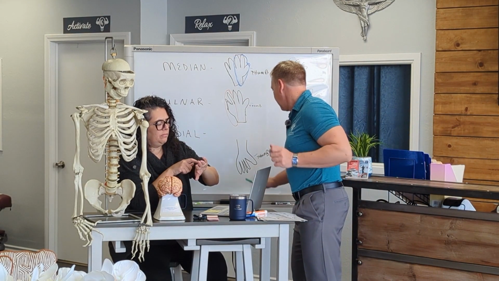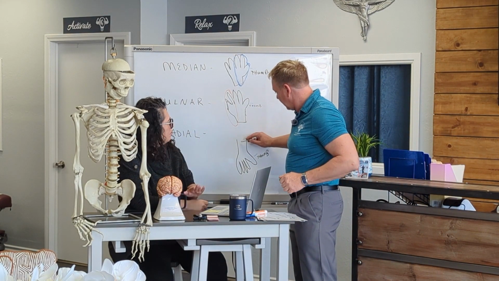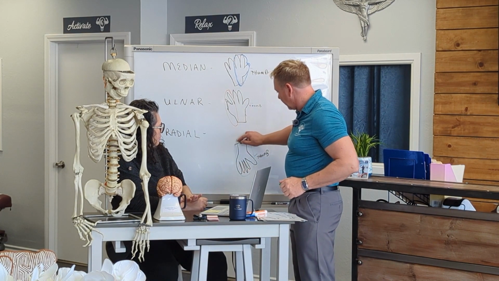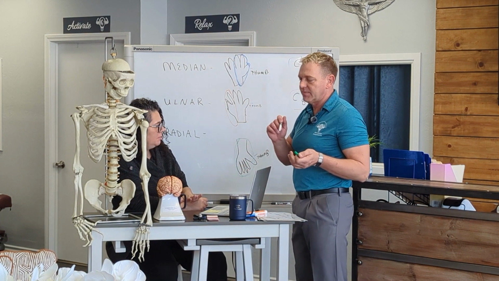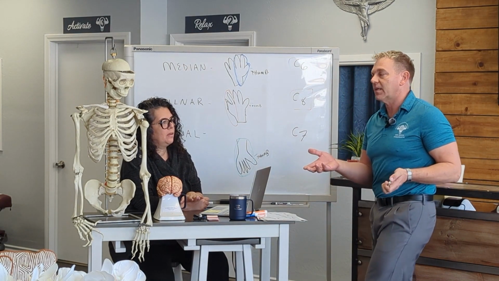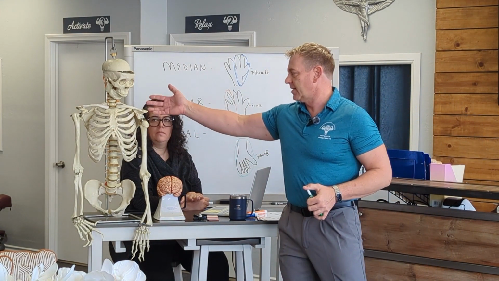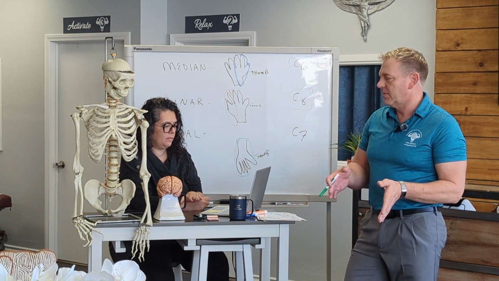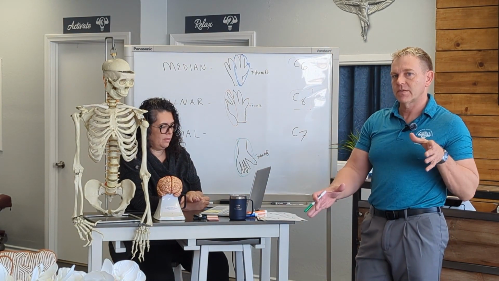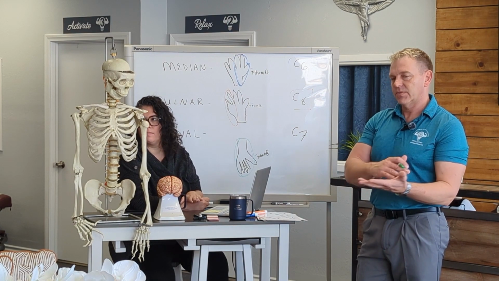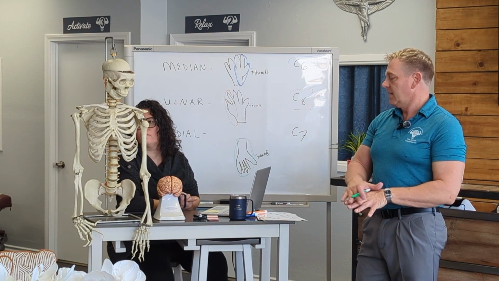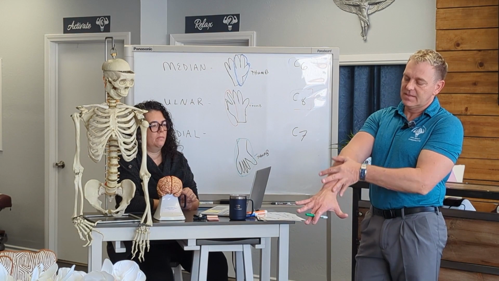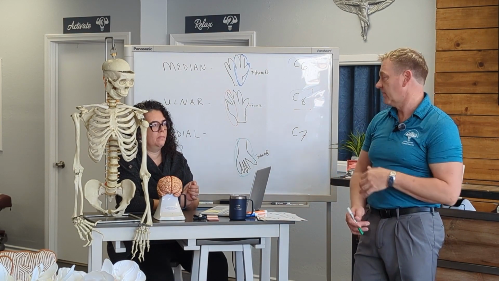So I'll draw that. That's the top and back of the hand. These things branch off like 100 times, but really the main part of the hand is 3 different major nerves, and the top of the skin is controlled by the radial nerve.